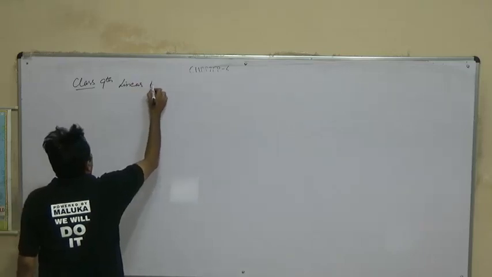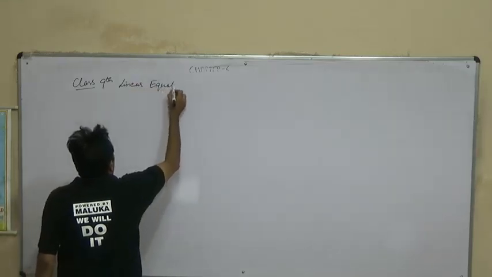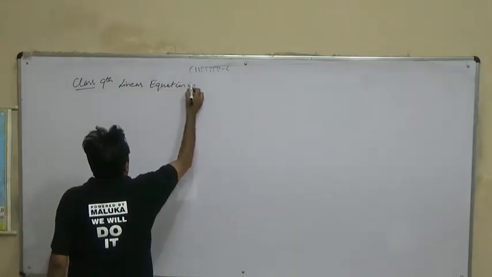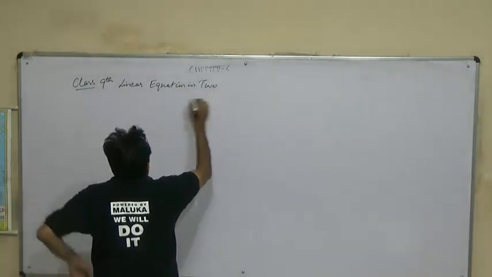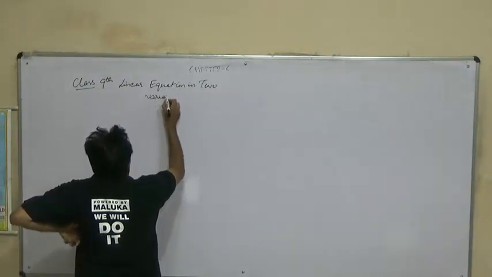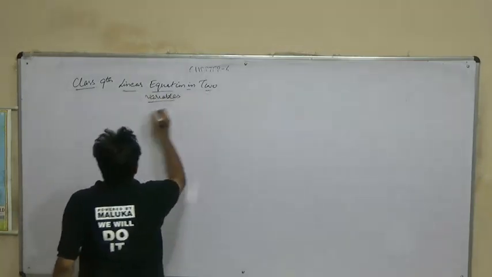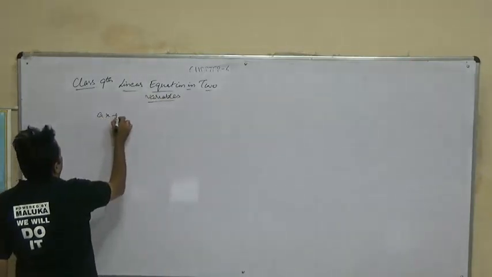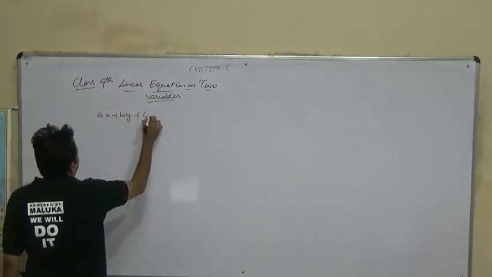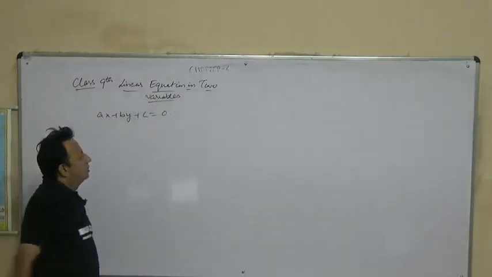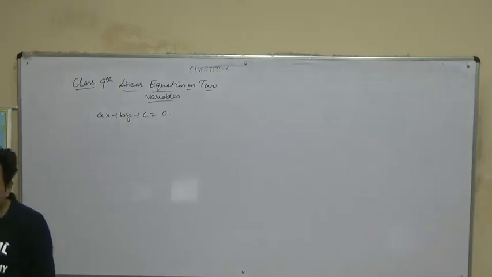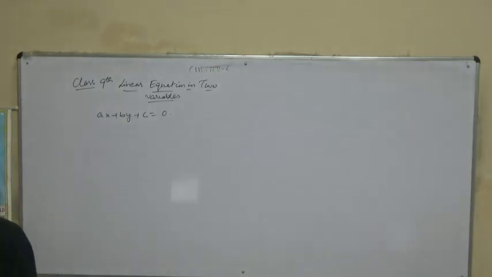So a linear equation in two variables is given by ax plus by plus c is equal to 0. Now we will convert the various equations to this form and write the values of a, b and c.